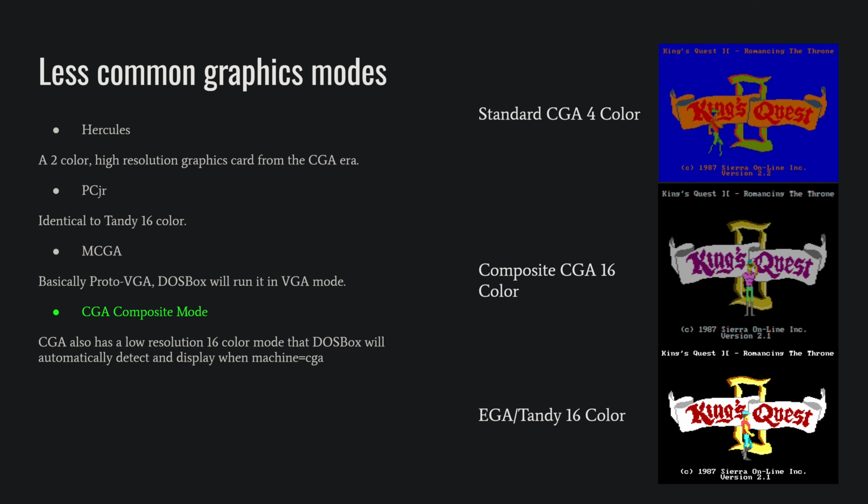The top is the standard thing you'd see in 4-color mode, but in composite mode, it looks a lot better, even though it's a little bit stretched out. But neither of those looks quite as good as the EGA Tandy 16 color, which is the native 16 color option that you'd want to select. And here you can see what you pick matters, and it makes each game look a little bit different. You can pick what you prefer, but there's usually an optimal solution where it looks the best.